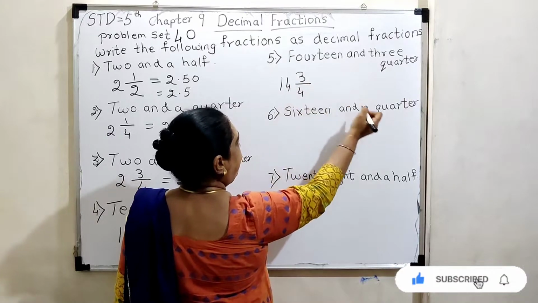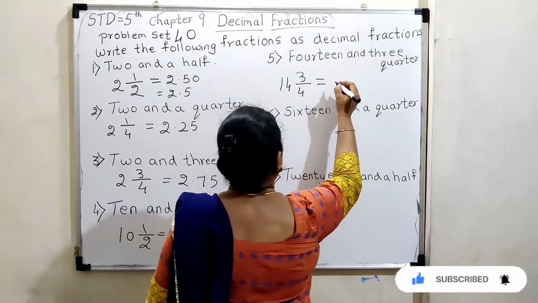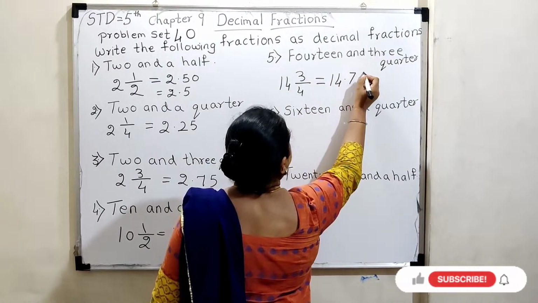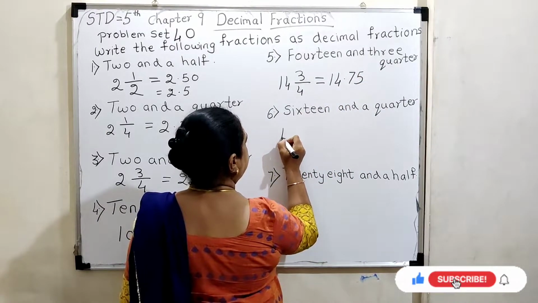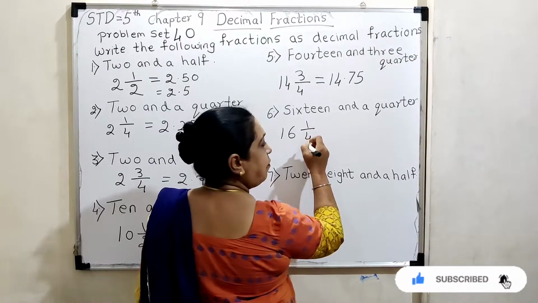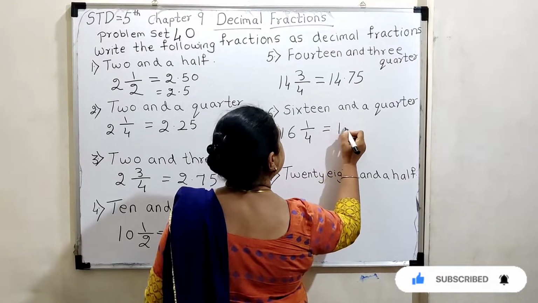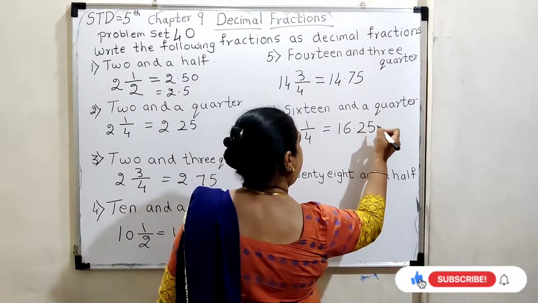That means 3 upon 4. So, how do you write? 14.75. 16 and a quarter. 16 and a quarter means 1 upon 4. So you will write 16.25.